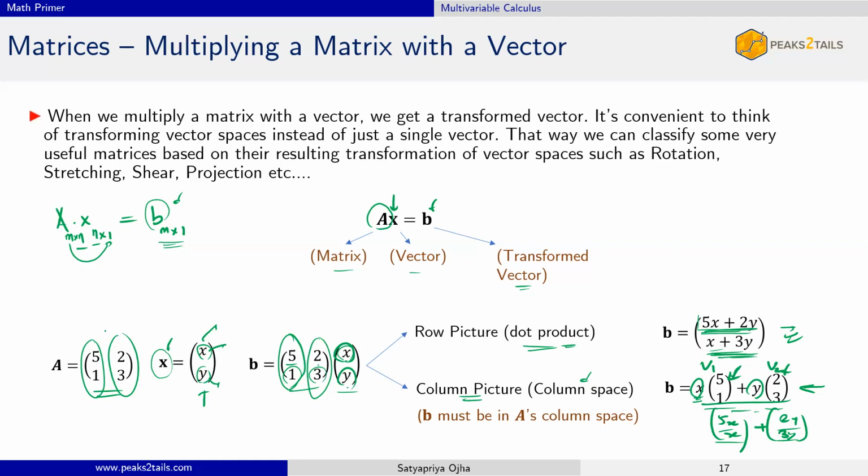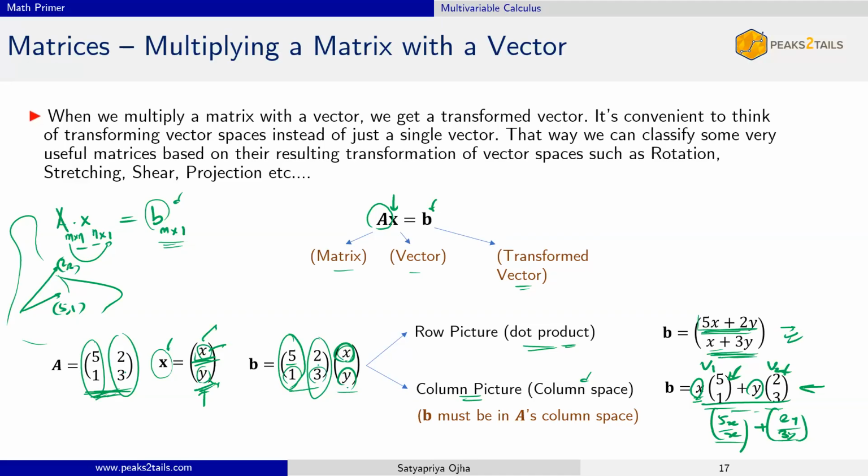So if B is produced by a linear combination of the column vectors of A, that means B must lie in the column space of A. B must lie in whatever space these two vectors 5, 1 and 2, 3 are able to achieve, and the different vectors that you can create out of this are based on the choice of x and y.